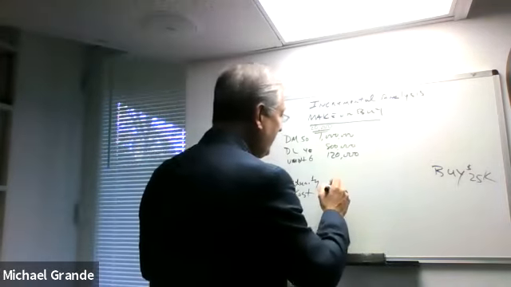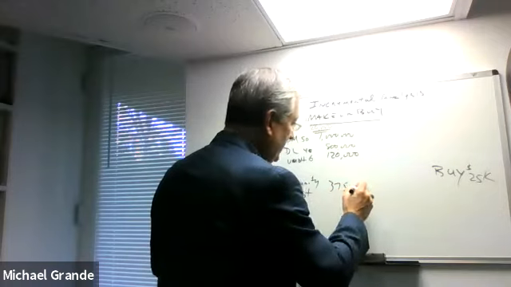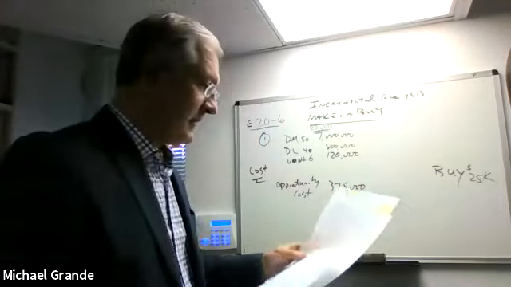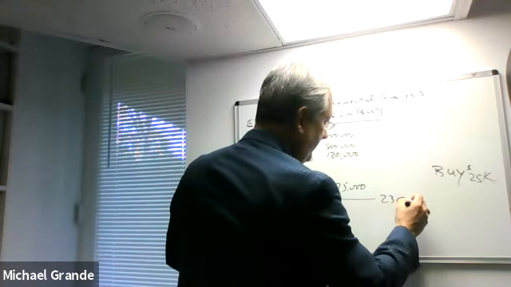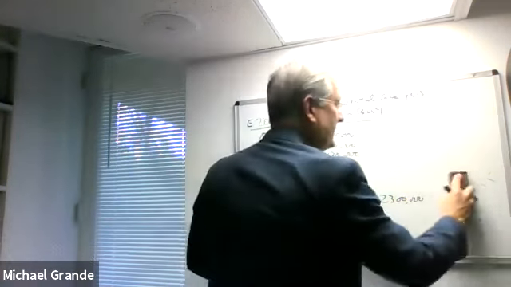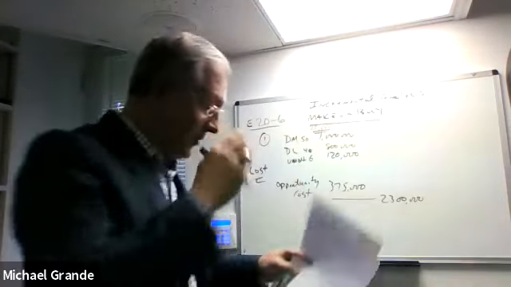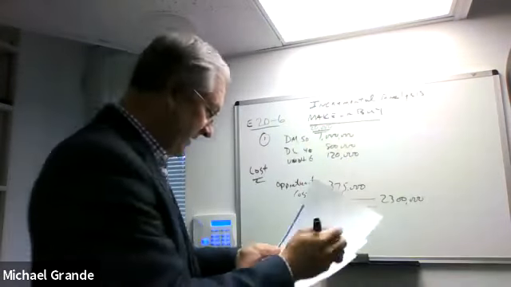So we're going to add that 375 to this side of the equation, and it still only costs $2,300,000 to buy it. That's not going to change, but the cost to make it has changed dramatically.